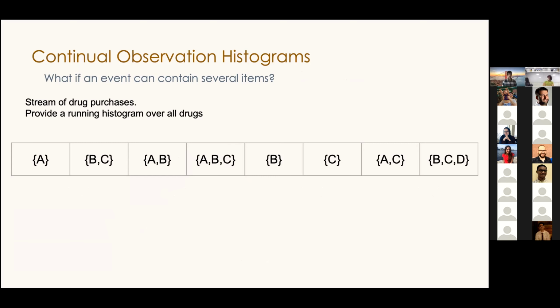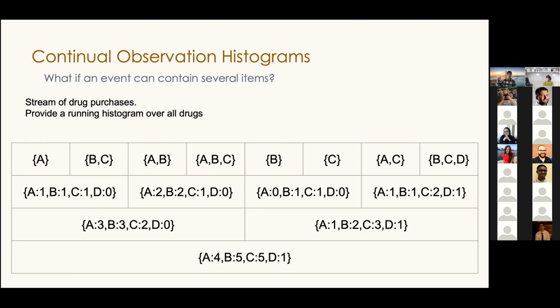And I want to provide a running histogram over all of these drugs. So after 4 customers, I want to see the number of drug A, the number of drug B, and so on. And so what I can do is form this partial sum table for all the drugs that can possibly be in this stream.